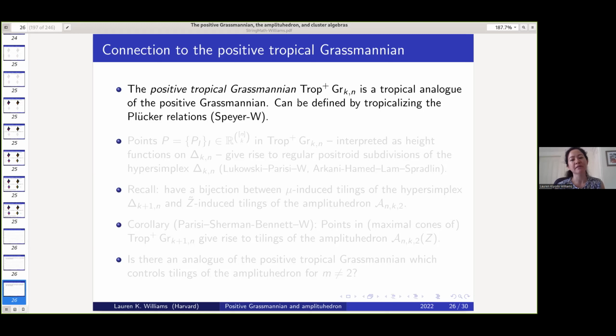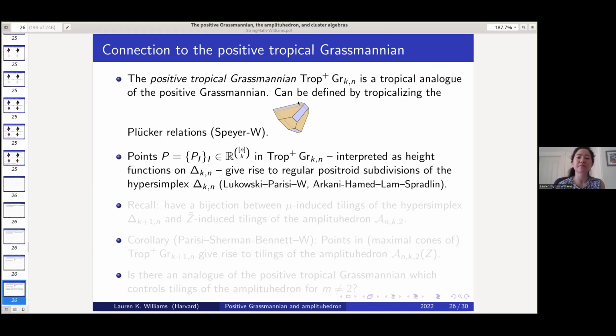And I'll just say in broad strokes what's happening. Points in the positive tropical Grassmannian are certain points in R to the n choose k. We can interpret them as height functions on the hypersimplex. And when we do so, that gives rise to regular positroid subdivisions of the hypersimplex.